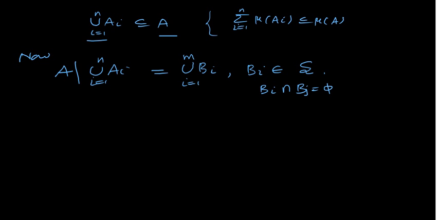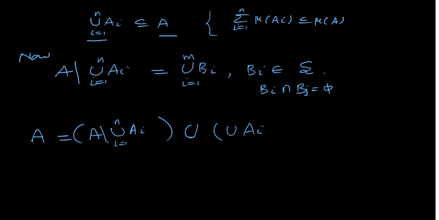Now, what is this union? What's the set A? Let us see, what can we write A as equal to? A is equal to A minus the union of Ai, i runs from 1 to n, then union the Ai, i runs from 1 to n.